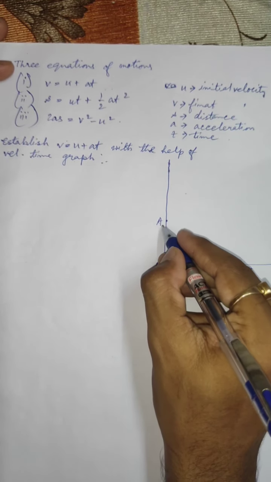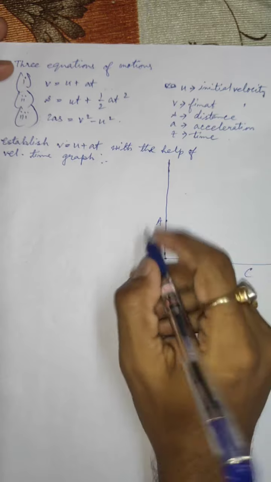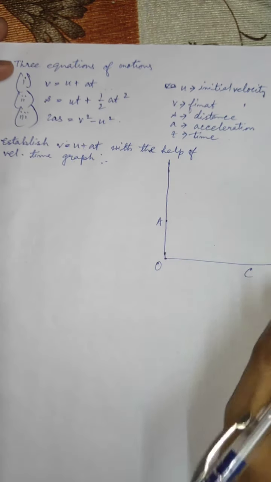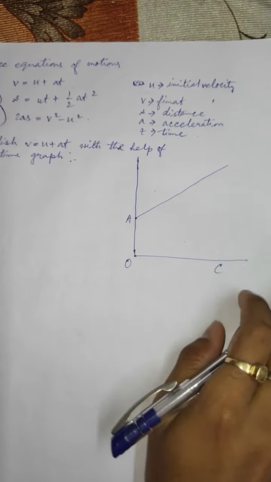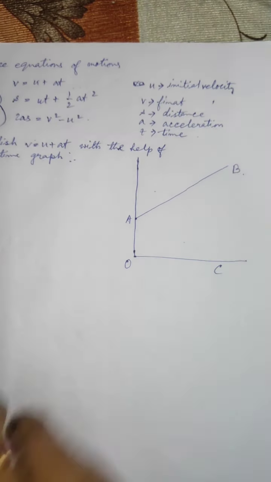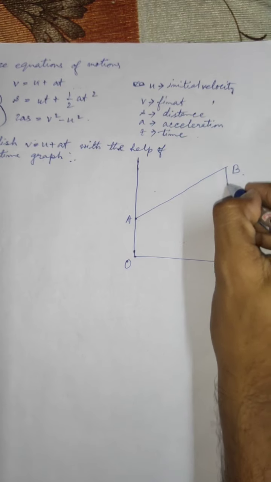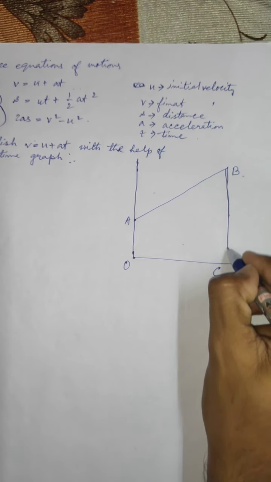This is the initial velocity, A is the initial velocity on the graph, and this B is the final velocity. Let's draw a perpendicular.